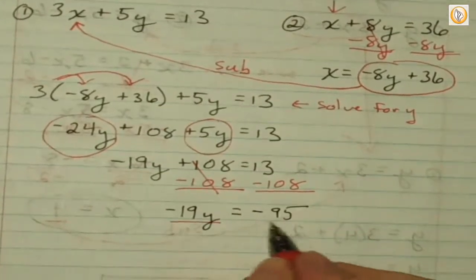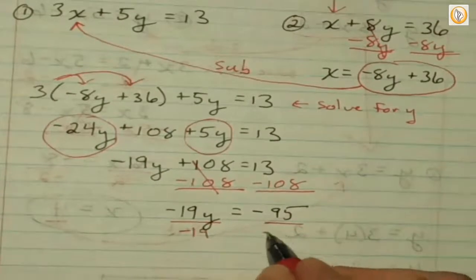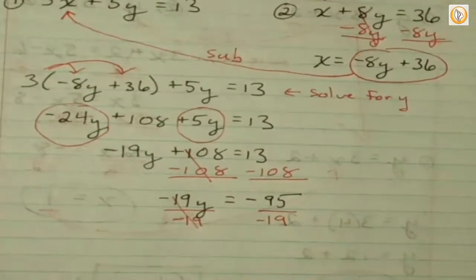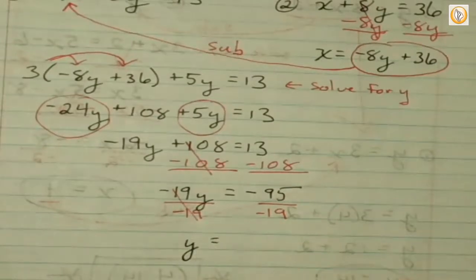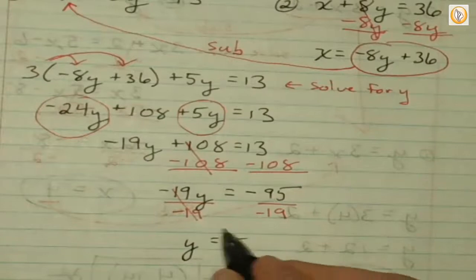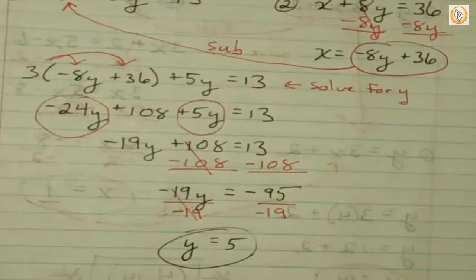Now we divide both sides by negative 19. Chat, do you know what that is? Probably. No. Oh, wait. 5. Yes. Okay, so we have our 5.